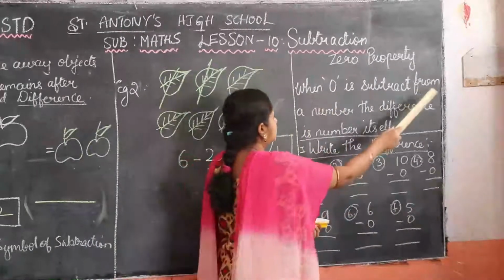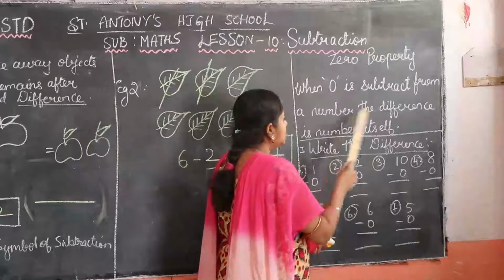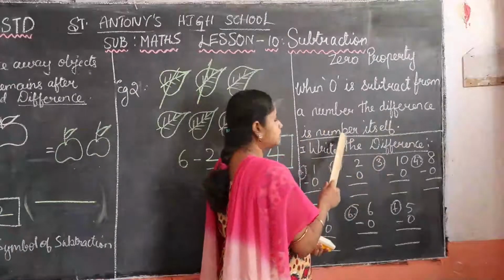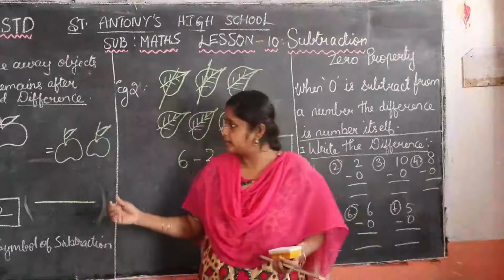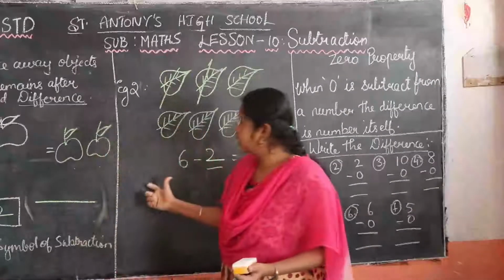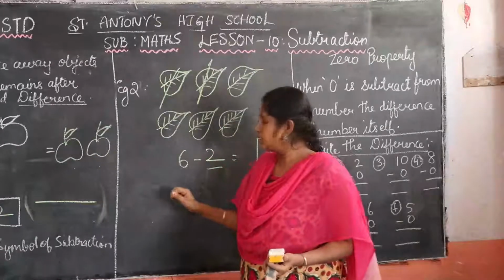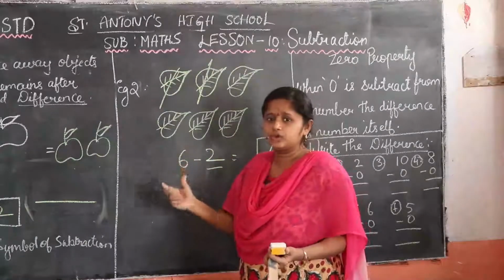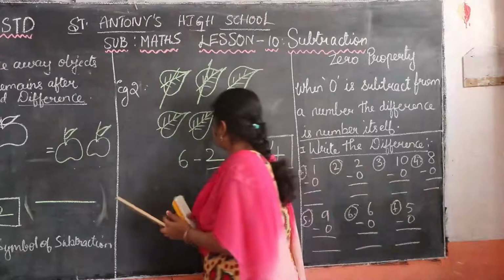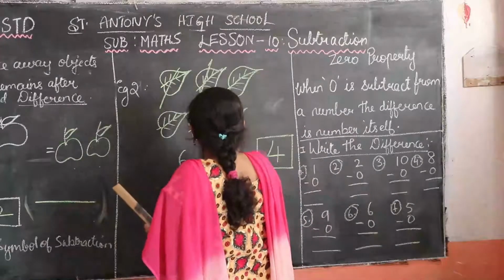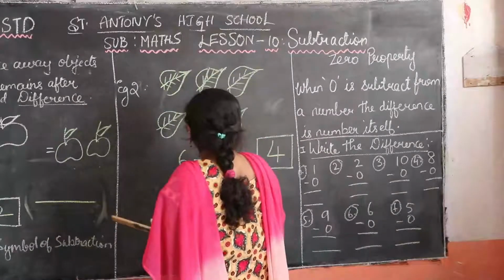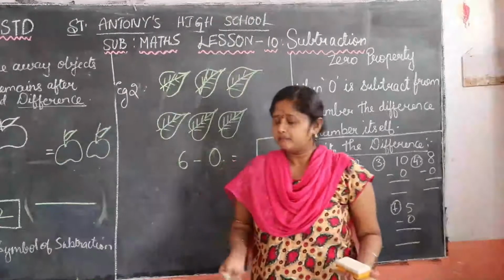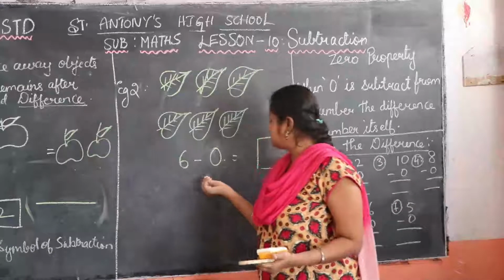When zero is subtracted from a number, the difference is the number itself. For example, we'll take the leaves example. 6 leaves were there. 6 minus 0.